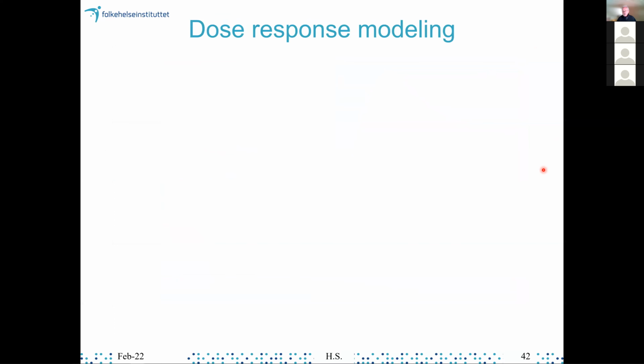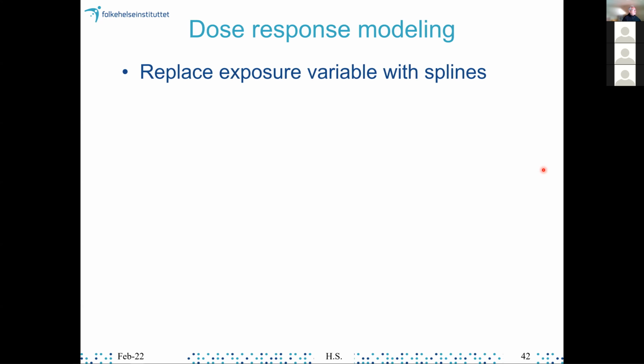I'll just say a few words on dose response modeling. We have covered that extensively in the earlier talks. So the idea is that we replace continuous exposure variables with splines to have something that's flexible. In this case, we don't have any margins command. It doesn't work after STPM2.